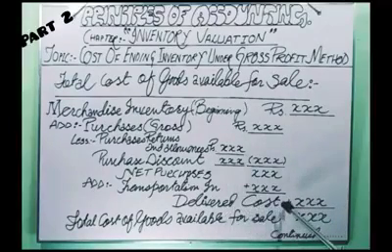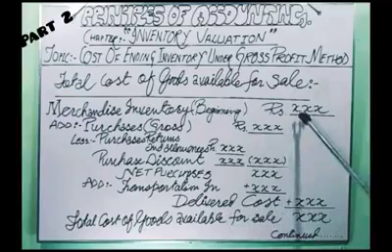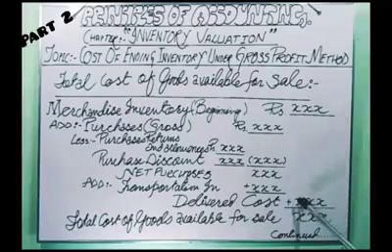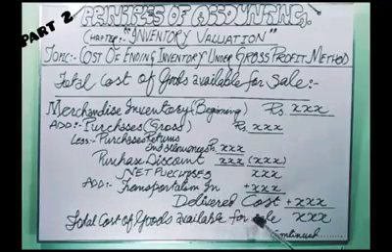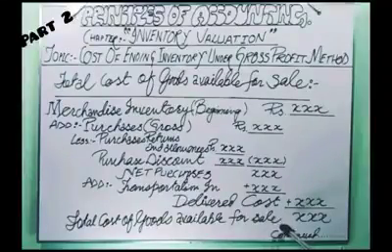After having got the delivered cost, we add the merchandise inventory beginning to the delivered cost, and now we will get the total cost of goods available for sale. This would be the total cost of goods lying for sale throughout the year.